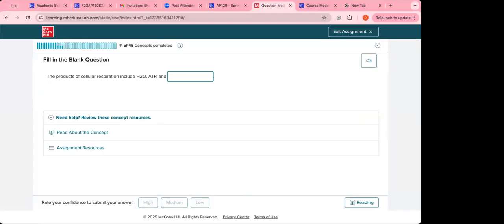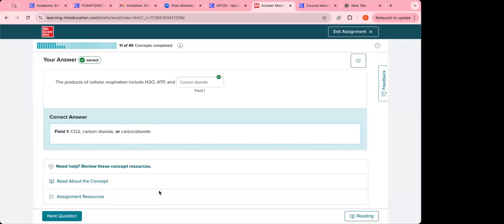So they gave you that. The other one is carbon dioxide, or CO2. Probably it doesn't matter if they give you the word or the formula. That's correct. Yeah, they would have taken CO2 as well. Remember that energy and ATP are the same thing, for this context.